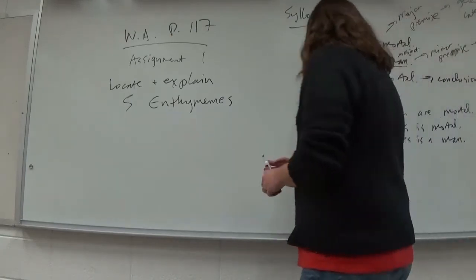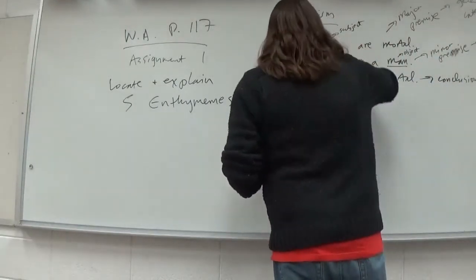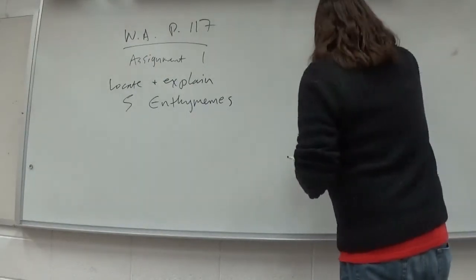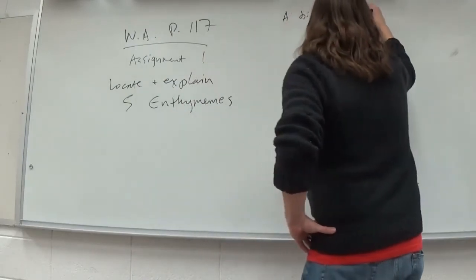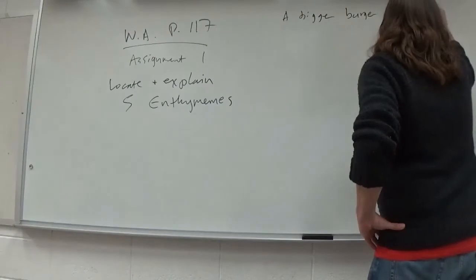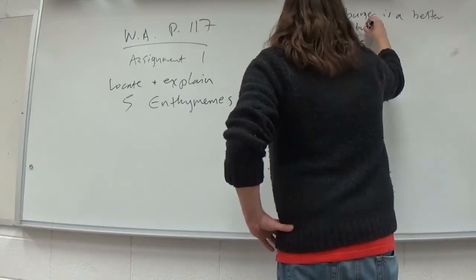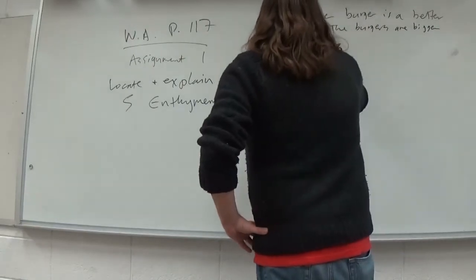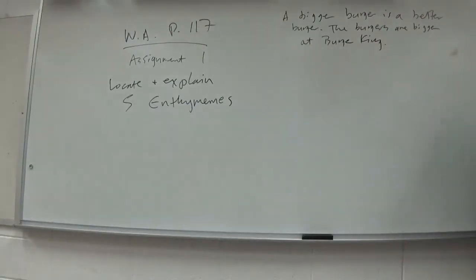So to give you an example of an enthymeme: a bigger burger is a better burger. The burgers are bigger at Burger King. They're better at Burger King.